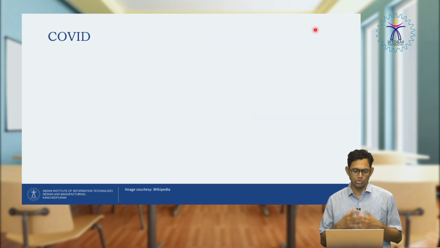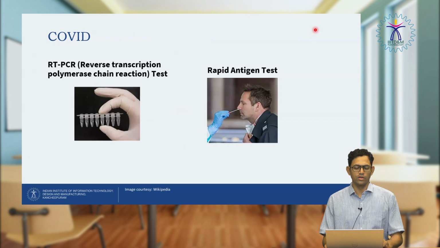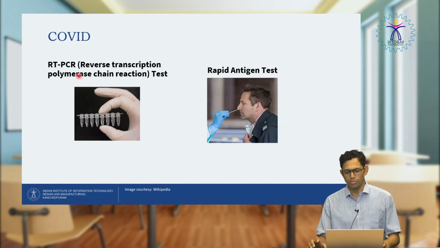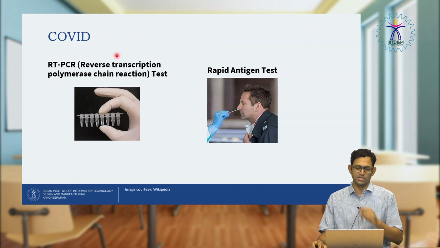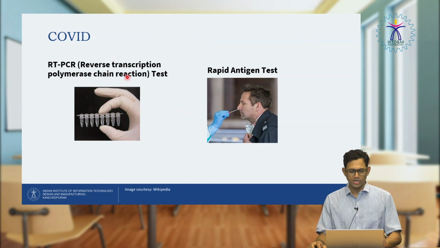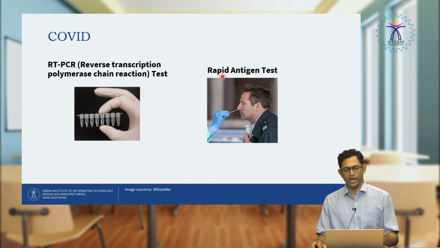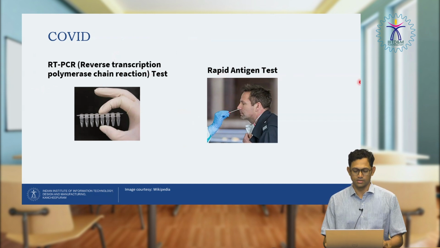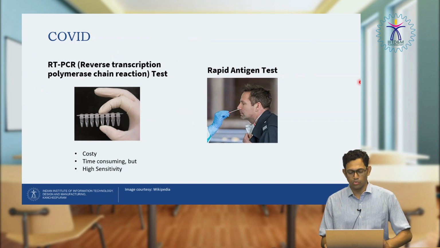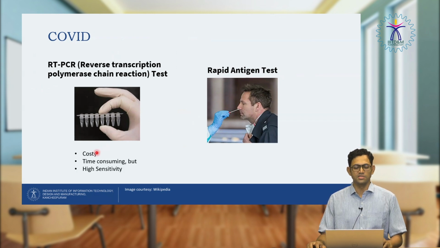Most of you might be aware of COVID, and during COVID there were two different techniques that people used. One was RT-PCR, that is the reverse transcription polymerase chain reaction test, and the other was the rapid antigen test. Let us see what happened in both of them. The RT-PCR of course was costly, it was time consuming, and it was highly sensitive.